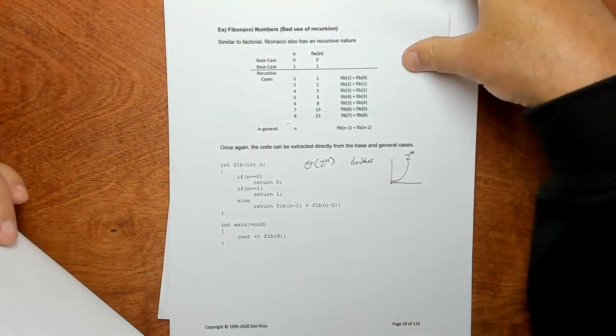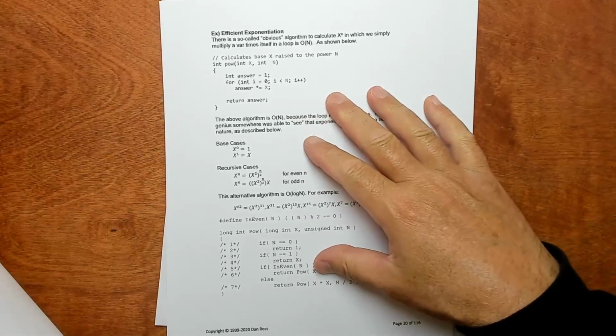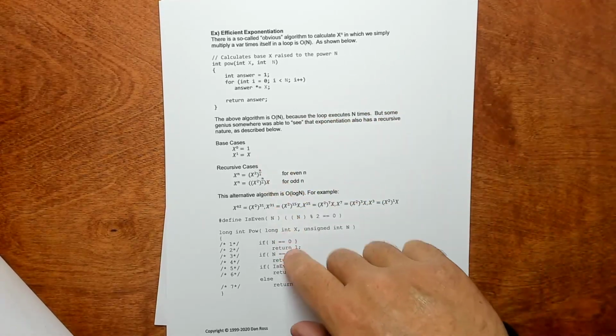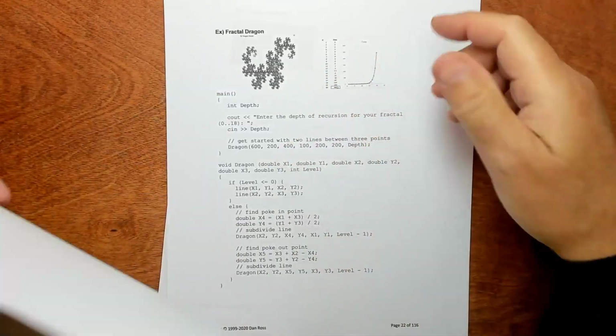And we looked at one of my favorites, this efficient explanation. Some genius figured out this pattern, and then you get this. And there are some other classic ones, Fractal Dragon, Hanoi.